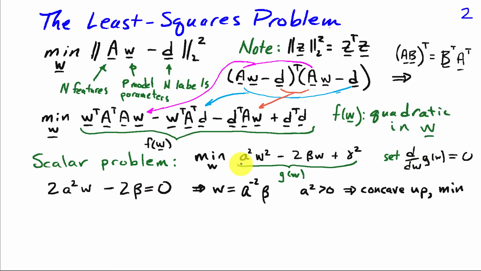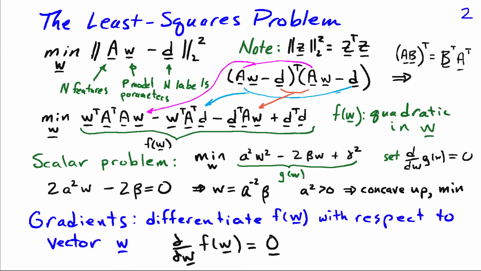So if we take the derivative with respect to w, we have 2 a squared w minus 2 beta equals 0, or w is a inverse squared times beta. And since a squared is greater than 0, we know that this quadratic is concave up, and therefore this is a minimum, and that the second derivative is positive.